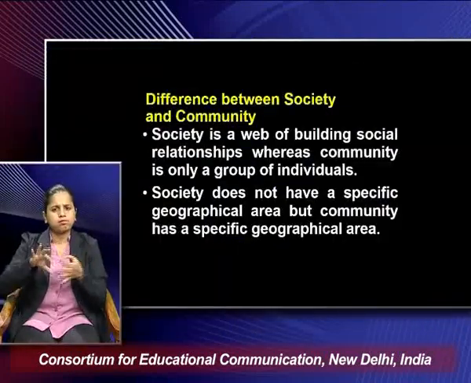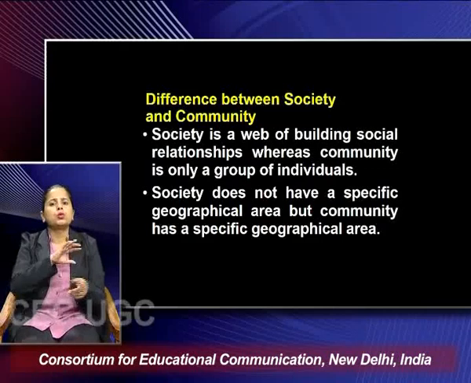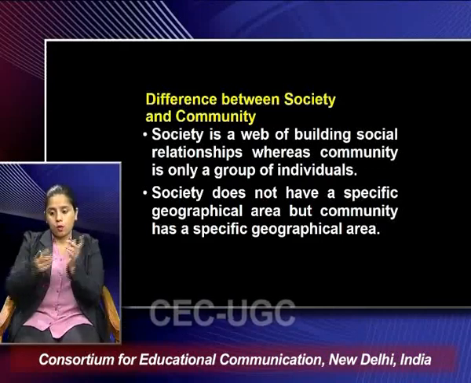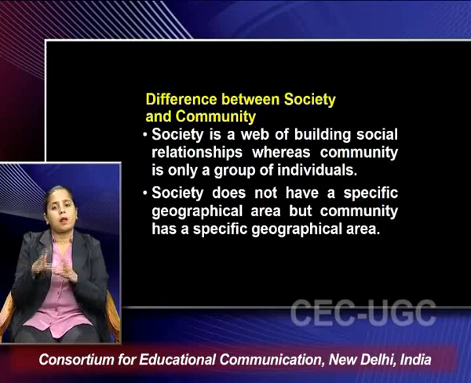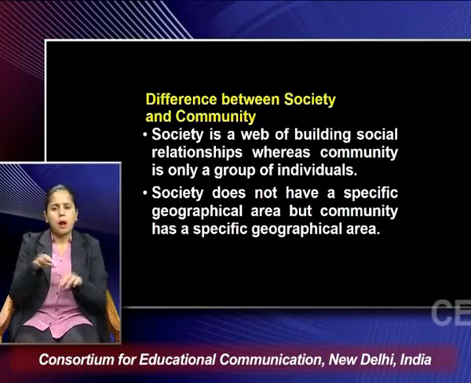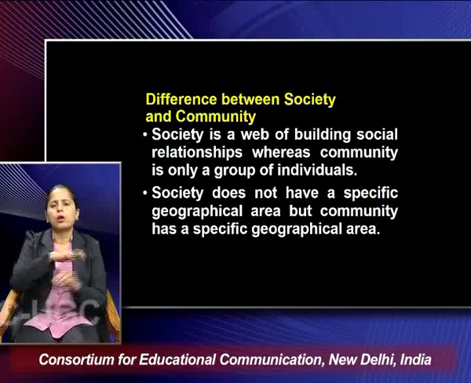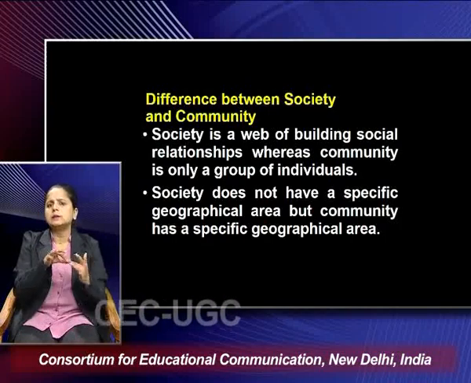So community is based on human relationship. What are the differences? Number one, society is a web of social relations, whereas community is only a group of individuals. Number two, society does not have a geographical area, but community has a specific geographical area.